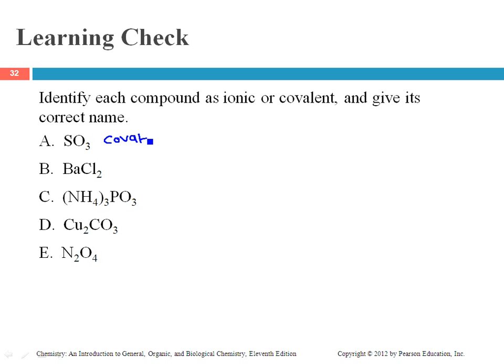So this should ring a bell. When we have covalent compounds, we use our prefixes. So we only have one sulfur, so we don't have to write mono. So it would be sulfur trioxide. Tri stands for 3, and for oxygen, we drop the ending and add ide.